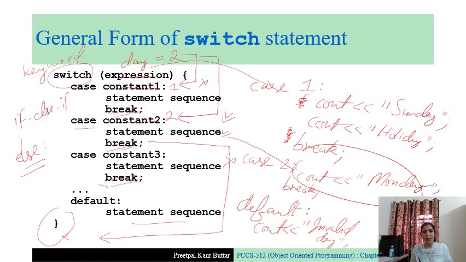Instead, the control will automatically move to the next case and it will print the statement sequence in the next case. For example, we write Tuesday here, so Tuesday will be printed, Wednesday, Thursday and so on, all the values will be printed. So the purpose of break is to bring the control out of the switch statement. That purpose will not be met if you do not write the break statement. So wherever the match will occur, starting from there, all the statement sequences will be executed.